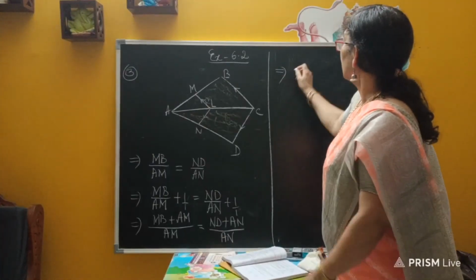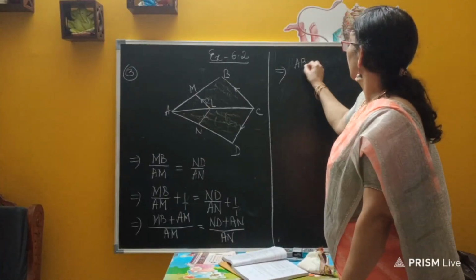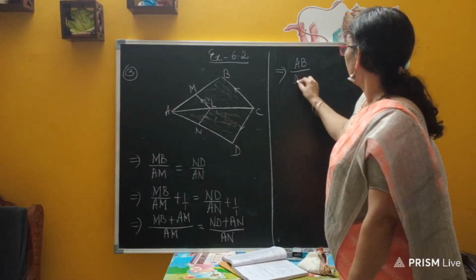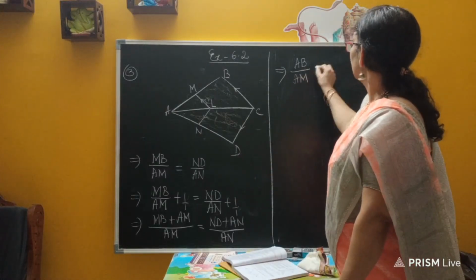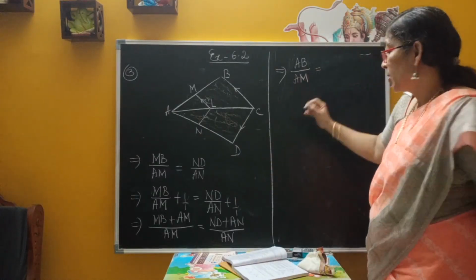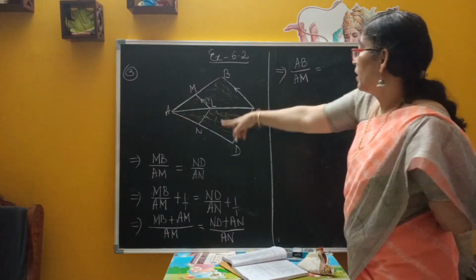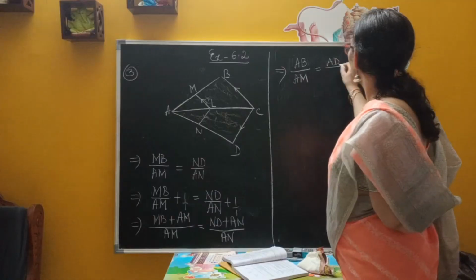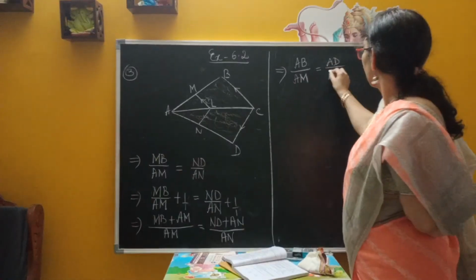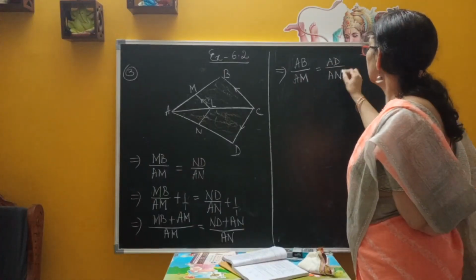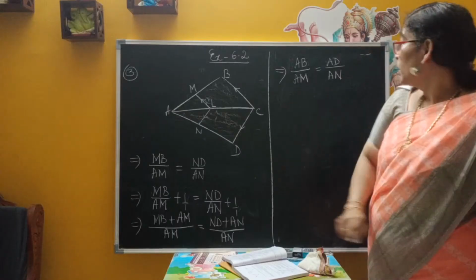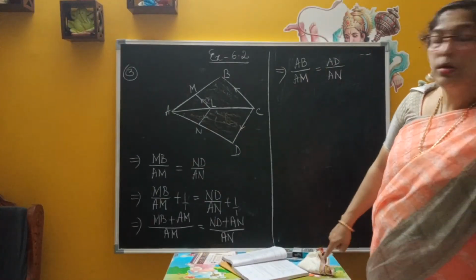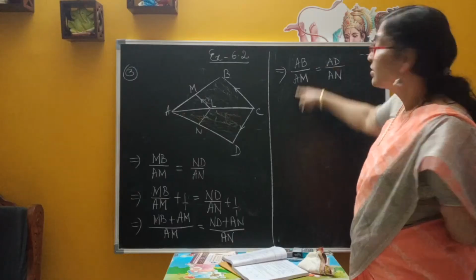This implies AB by AM is equal to, here ND plus AN is nothing but AD, by AN. Now, what is the result we need to prove? AM by AB is equal to AN by AD. So what should we do? We have to take the reciprocal of this.